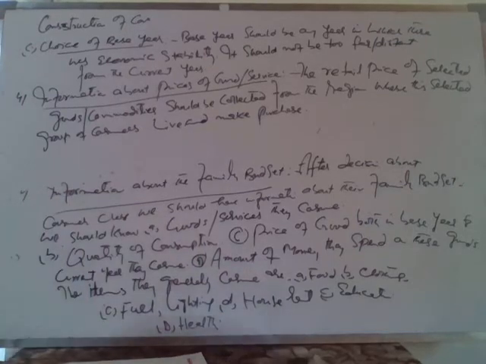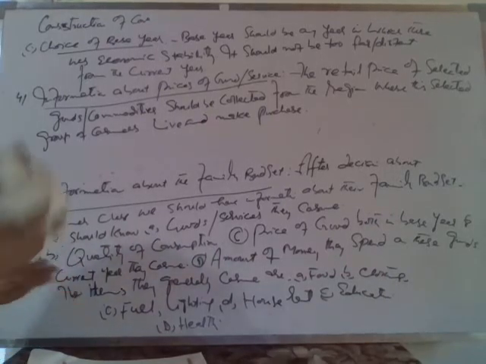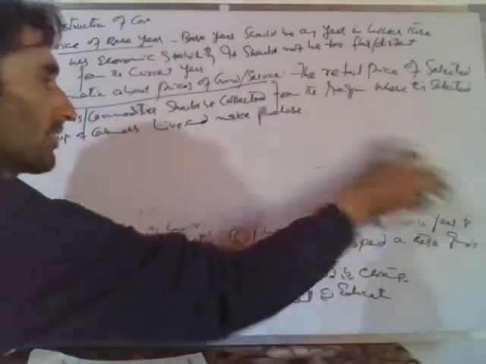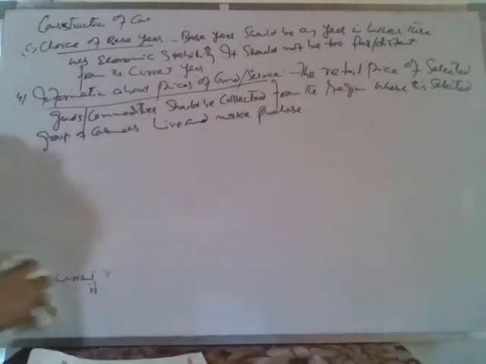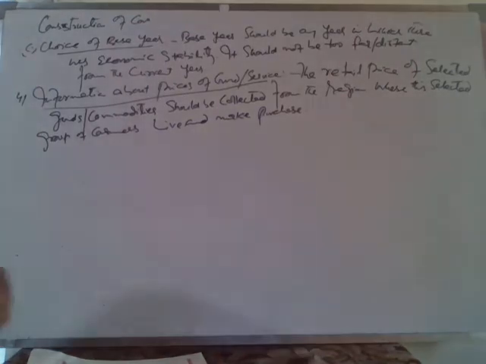So we must have information about the prices of goods the selected group of consumers purchase. We must have full information about the prices both in the current year and base year.